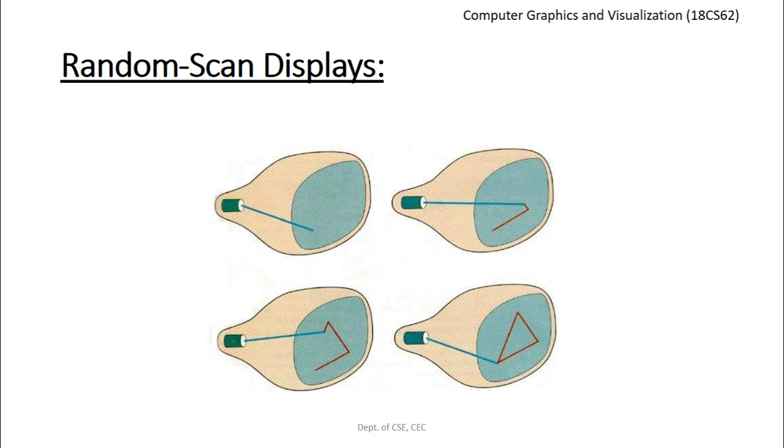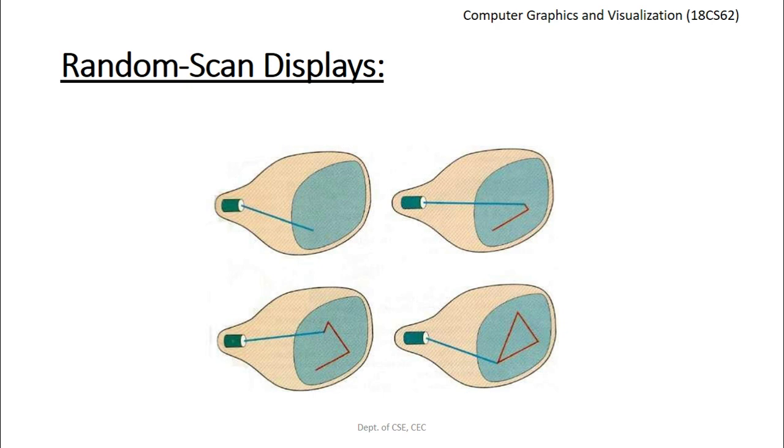Random scan displays are designed to draw all the component lines of a picture 30 to 60 times each second, with up to 1 lakh short lines in the display list. When a small set of lines is to be displayed, each refresh cycle is delayed to avoid very high refresh rates which could burn out the phosphor.